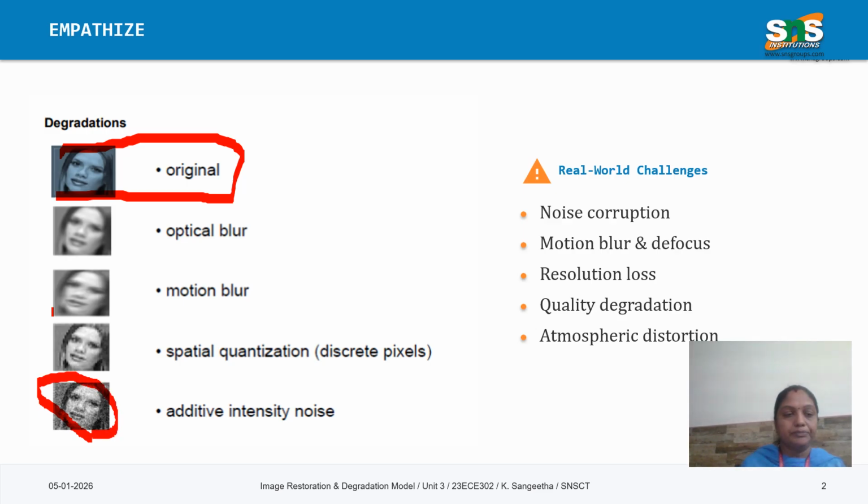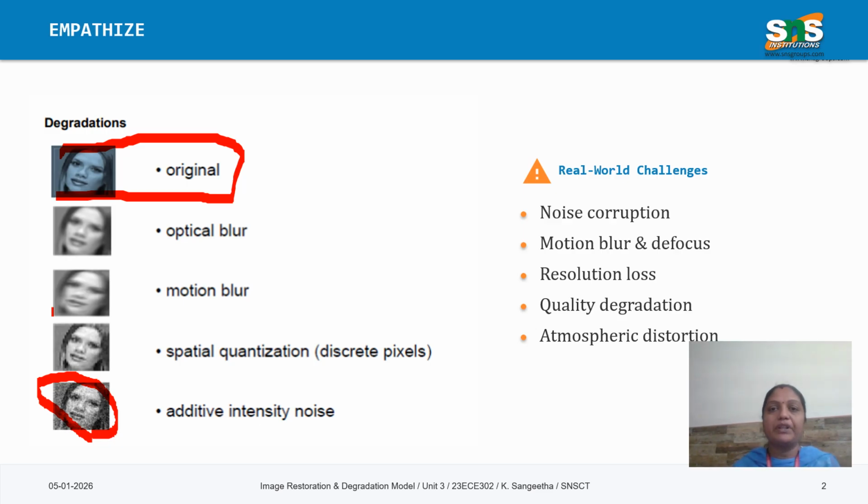The noise may arise from sensors, transmission errors, or environmental conditions. The image restoration technique is mainly used to recover the image from noise, image blur, resolution loss, quality degradation, and atmospheric distortion.